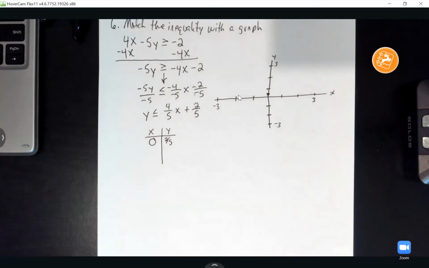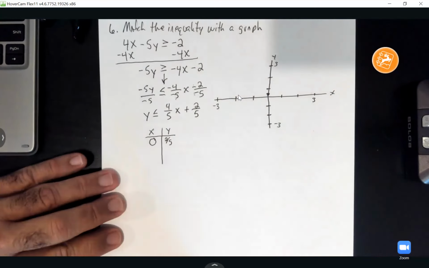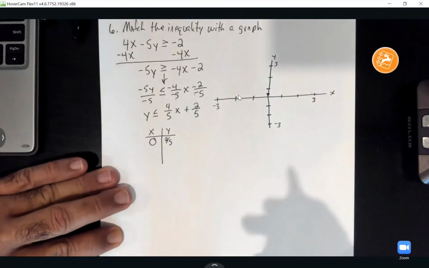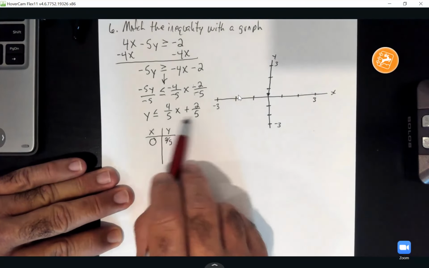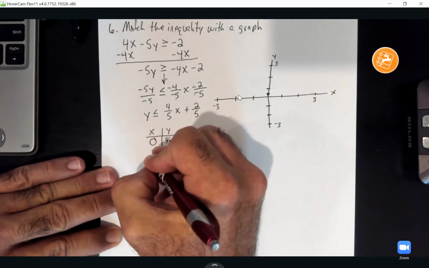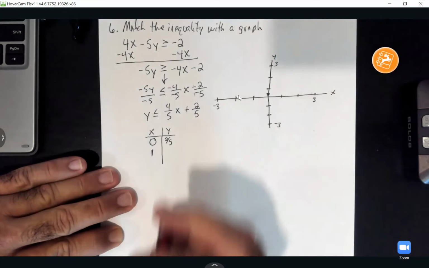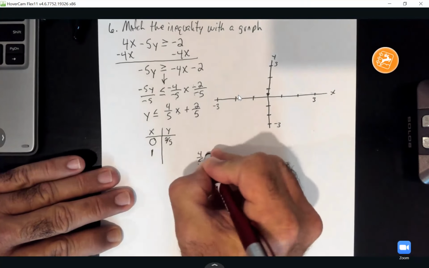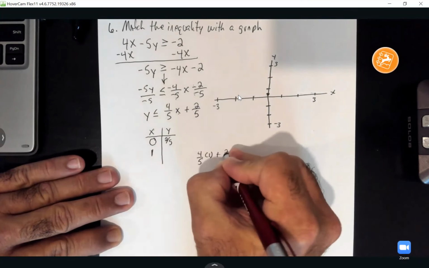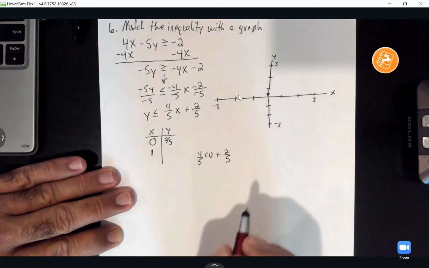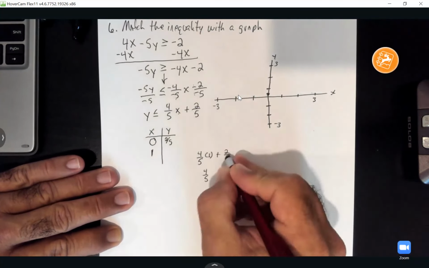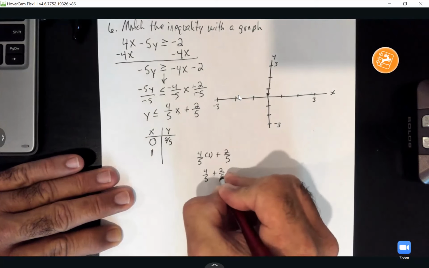So now I need another point. So I'm just going to use a 1, I guess. Since these got a common denominator, I'm just going to use a 1. So let's see, if I put a 1 in here, I'll have 4/5 times 1 plus 2/5. 4/5 times 1 is 4/5 plus 2/5.